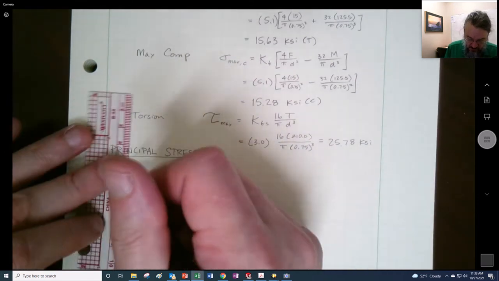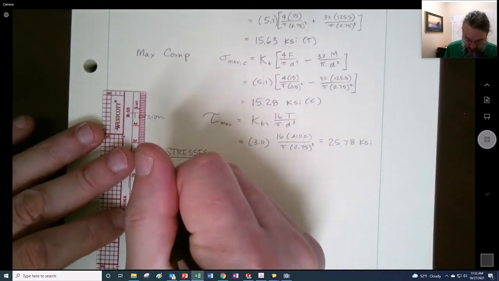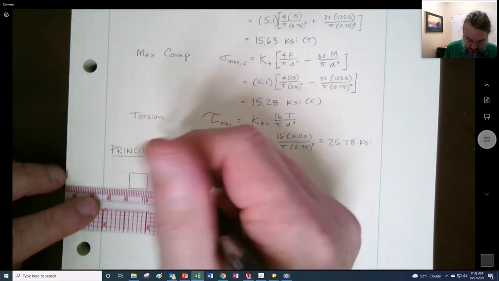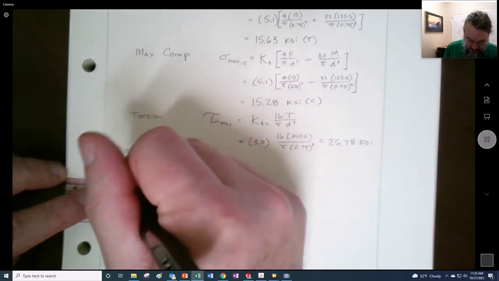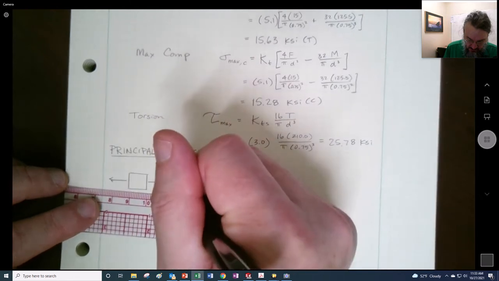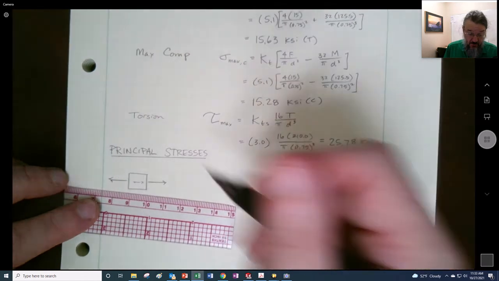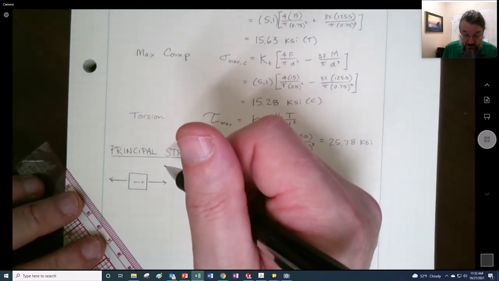So I'm going to do this in miniature. Save a little space. So here is the tension one, which is along the x-axis, but we don't know actually which direction that's going to be.